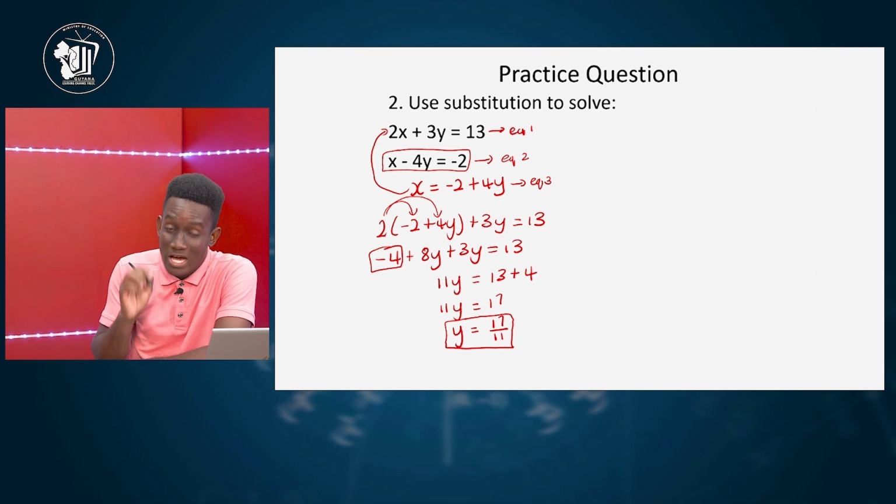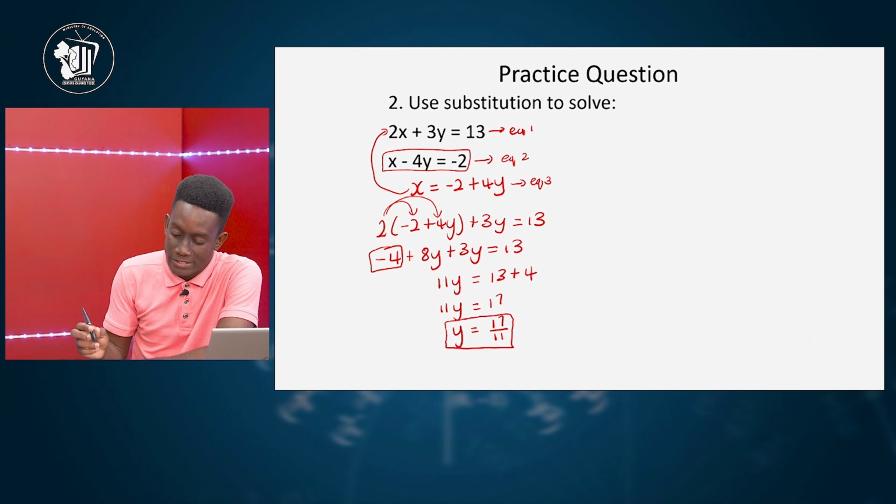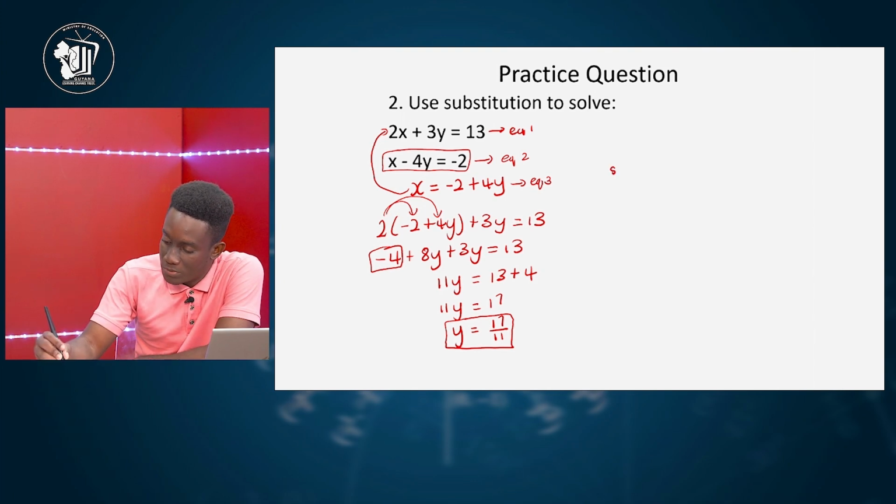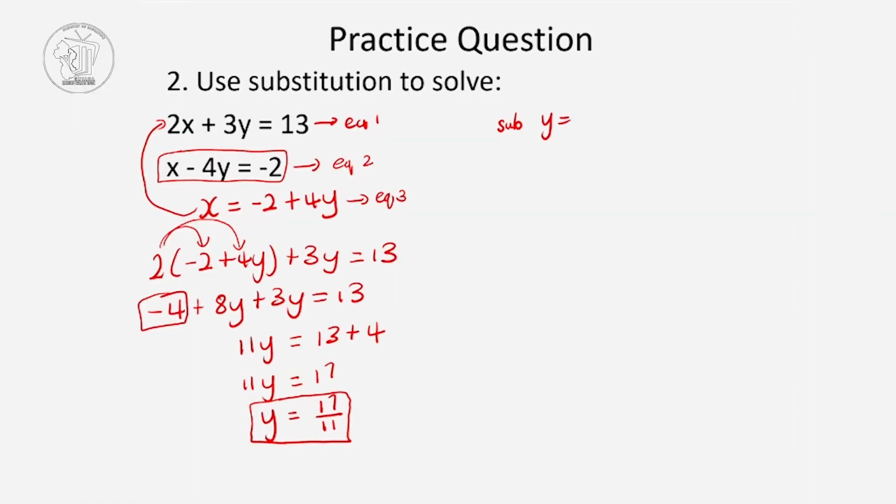Now that we have our value for y, we can find our value for x. So we substitute y equals 17 over 11 into, and the best one to use is equation 3. So we'll have x is equal to negative 2 plus 4y. Instead of y, we'll have 17 over 11.